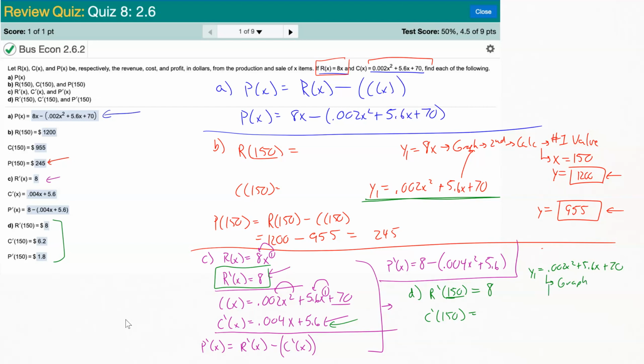We'll graph that equation. This time we're going to do a second calc, and then inside that calc menu we'll choose the number 6 option, which is dy/dx. It won't prompt us to enter the x value. We just need to know that that's the process to type in the x value that we care about, which is 150. At the bottom of the screen it'll tell us dy/dx equals, and whatever that is is the answer.